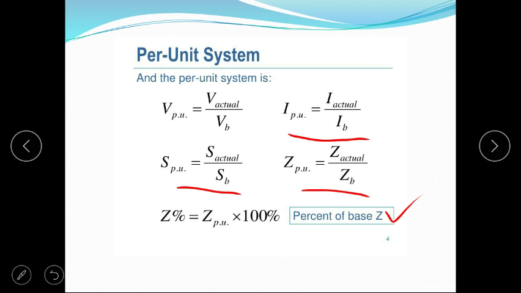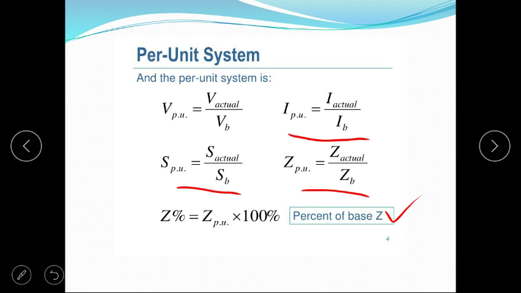Now we can calculate the per unit value of any quantity. So the per unit value of voltage is equal to actual value of voltage upon base value of voltage. Similarly, per unit value of current is equal to actual value of current divided by base value of current, and per unit value of power is equal to actual value of power divided by base value of power.